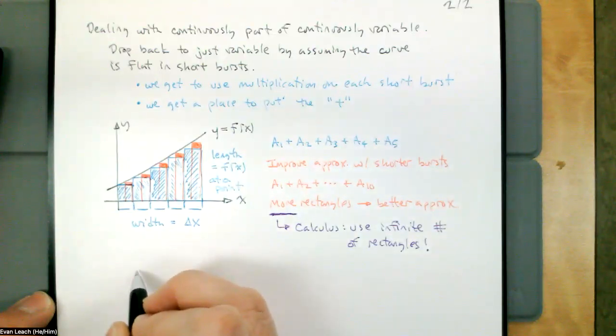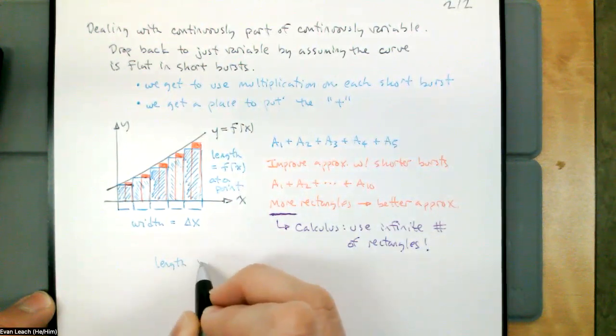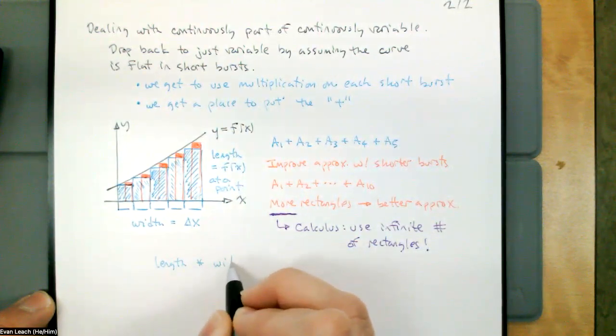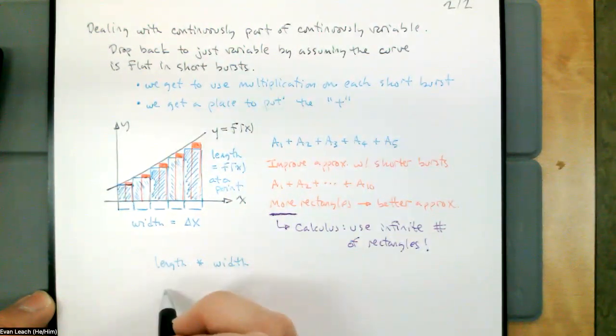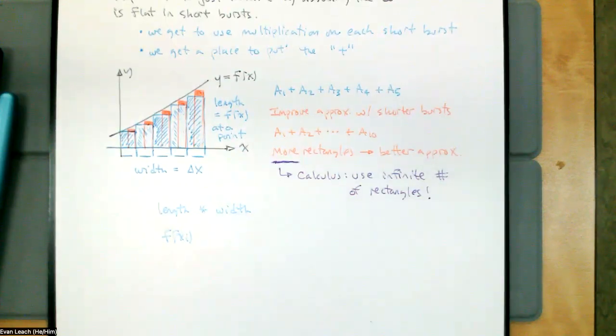So our area is going to be length times width. Our length is going to be the function evaluated at some point, and I'm going to subscript it. I can write f at x sub i.